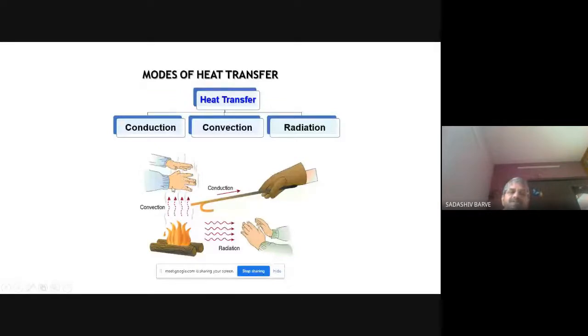If you are holding your hand there, it will become warmer. If you are putting water in a vessel, the water will get boiled. This is convection. While the third is by virtue of radiation. Even if you are far away from the source, you get heat energy by radiation, which you can experience.